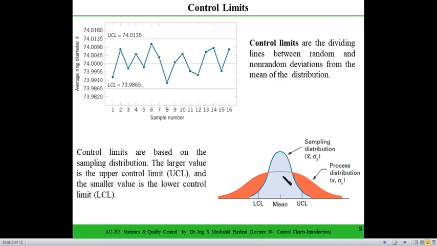So these control limits are decided based upon the sample statistics and the criteria over which the area under the curve represents the probability.